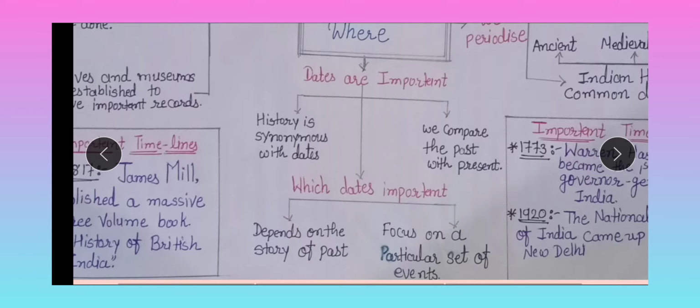For this they have given an example of which dates are important: the life of a king, when the king was born, when he came to the throne, when he was married, when he had his son, which battles he won, when he chose his successor. All these are important events, so for these events we have to maintain the dates.